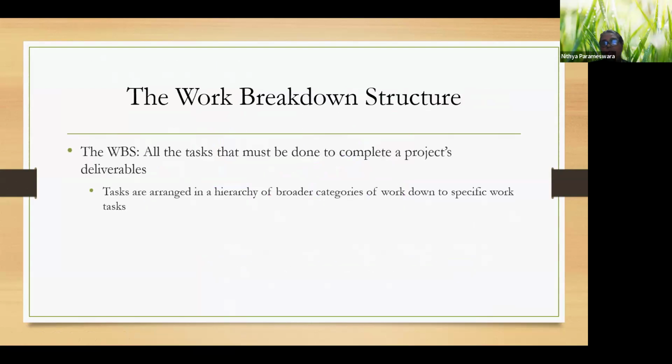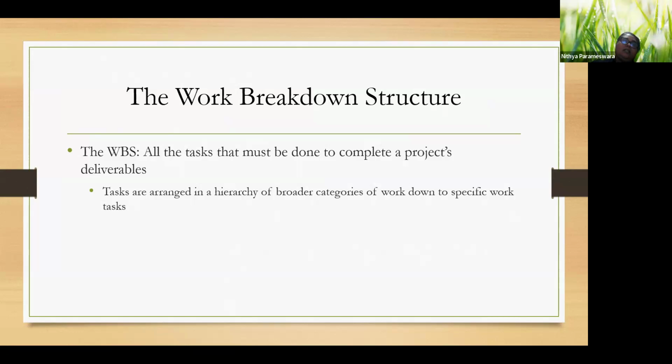Right. So what is this work breakdown structure? Our work breakdown structure will basically tell us what tasks need to be completed so that we can deliver what the project is expecting. So what do we have to do in order to come up with the deliverables of the project?